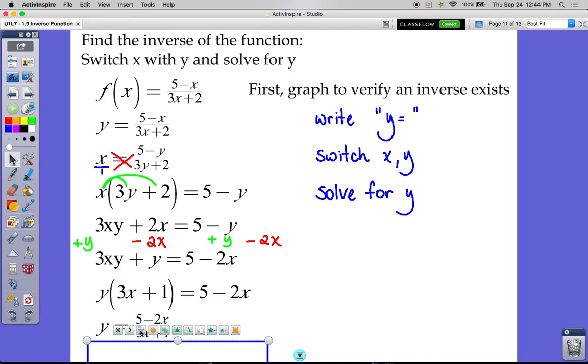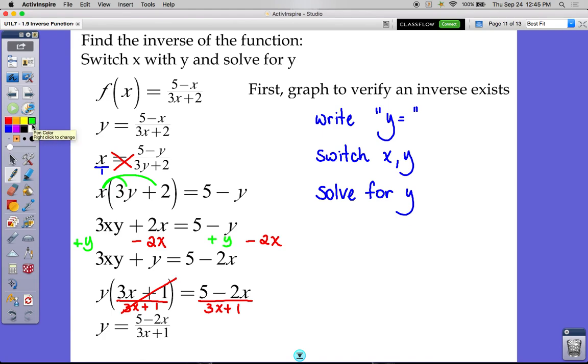So I'm just going to divide both sides. And let me go ahead and add that work that was done here. I said divide by 3x plus 1 on both sides of this equation. That's going to cancel this guy and gives you y equals and this new expression, right?